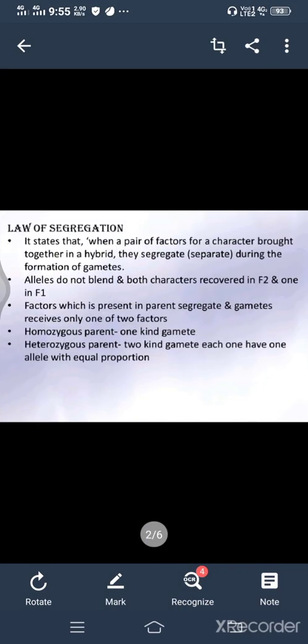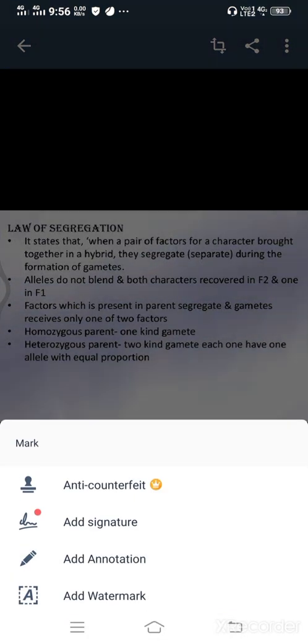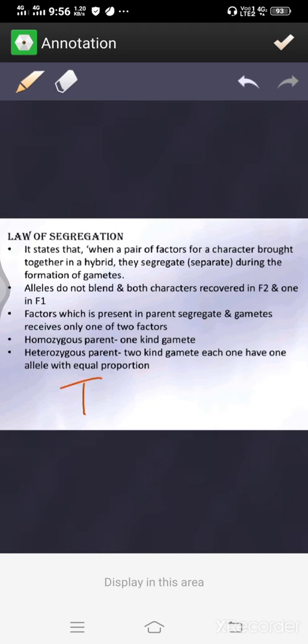Next is the law of segregation. It states that when a pair of factors for a character are brought together in a hybrid, they segregate during the formation of gametes. When we bring a pair of characters together, again we will take the example capital T, small t, small t.